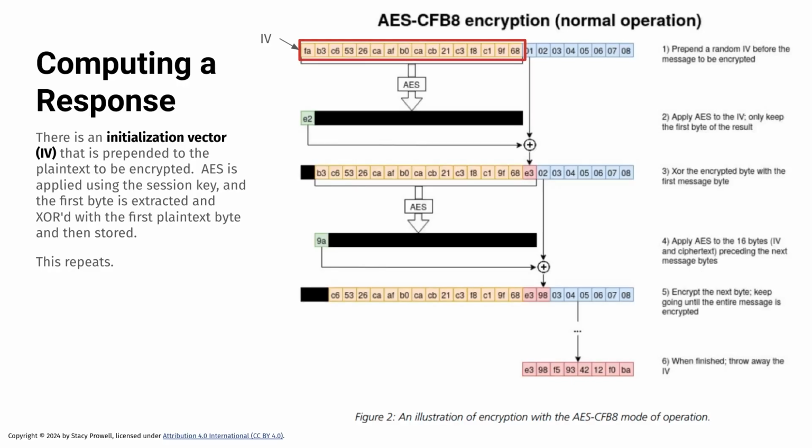So here's how a piece of that works. In order to compute the response, each side is going to use AES, the Advanced Encryption Standard, and they're going to combine that with a few pieces.